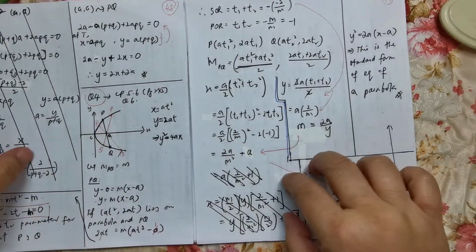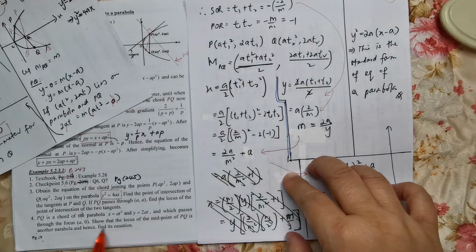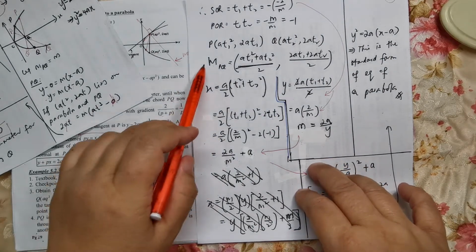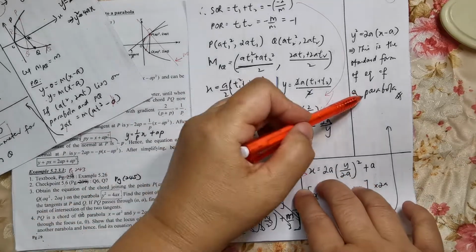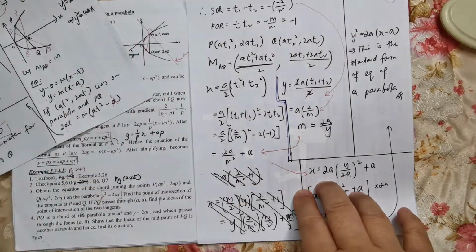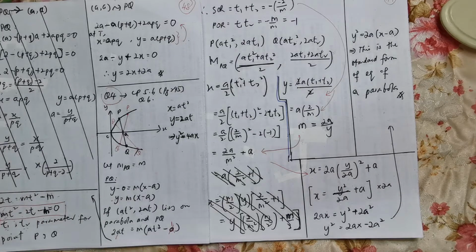Because the question wants us to show that the locus of the midpoint of PQ, which is M, is another parabola. So this is how you show it's another parabola. Okay, and find the equation. This is the equation. Or you answer the question in one time, or you answer both.